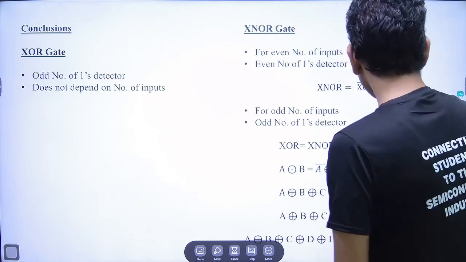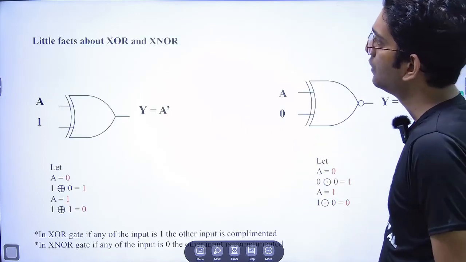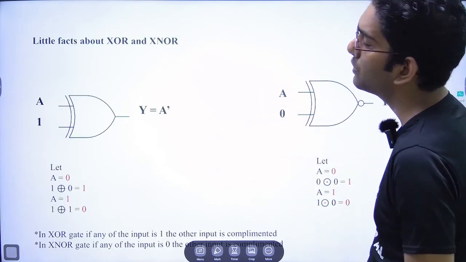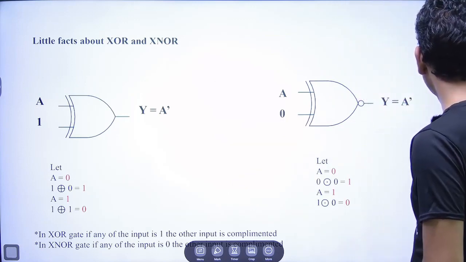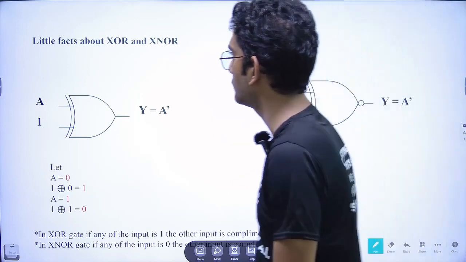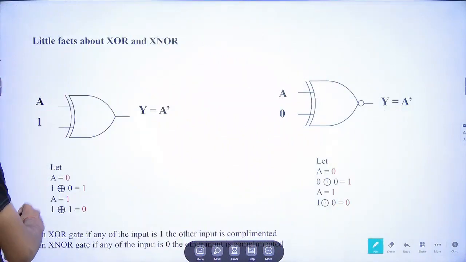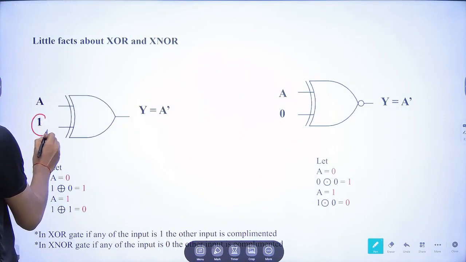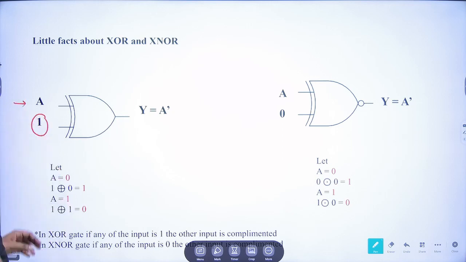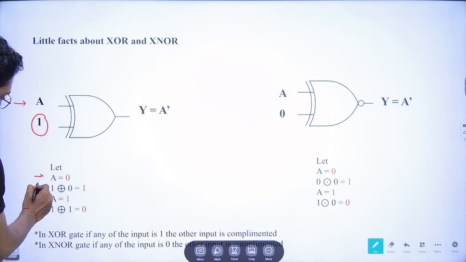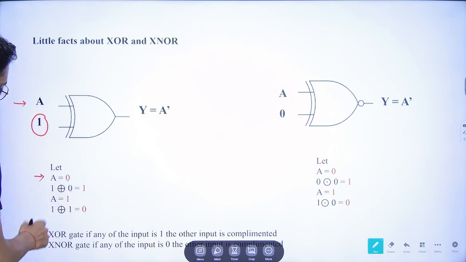Now coming to some facts about XOR and XNOR. So this is XOR. Here on one of the inputs I have given 1 and on the other input A is applied. In the first scenario A is 0, so 1 XORed with this 0, what output are we getting?